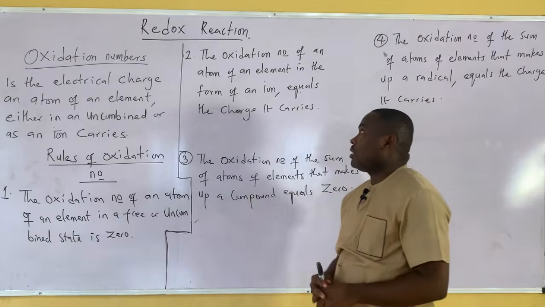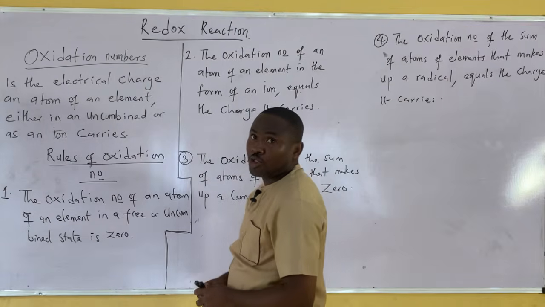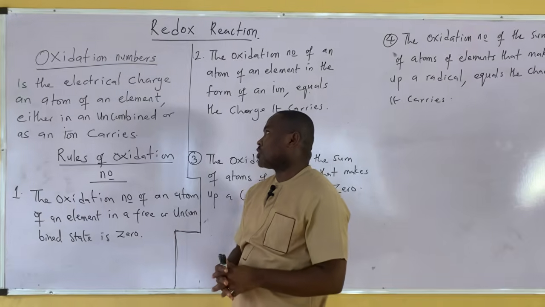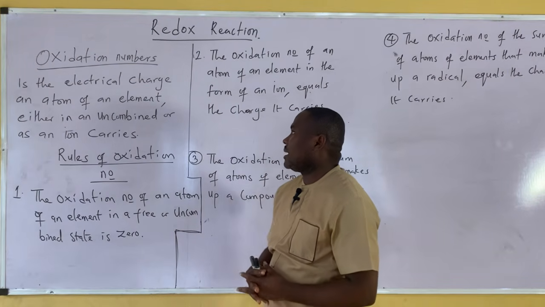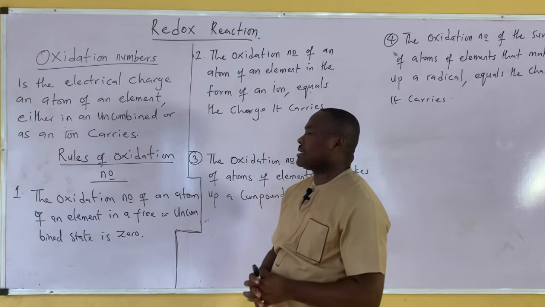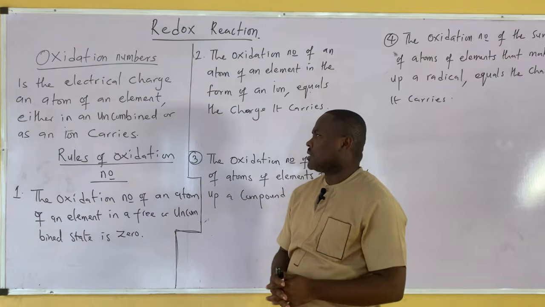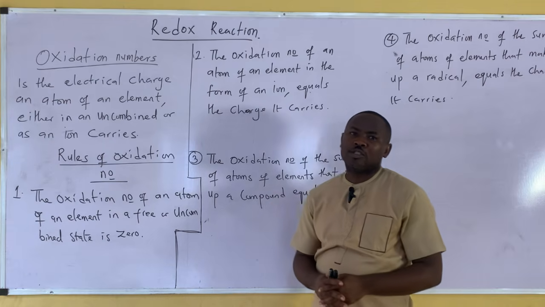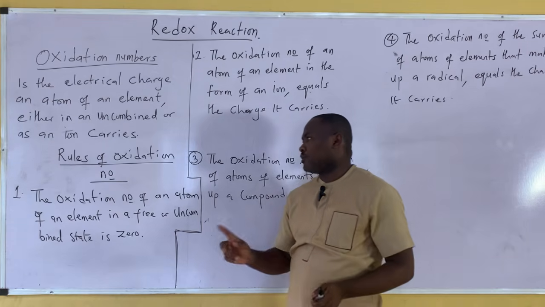Thank you. Now let's look at oxidation number. What is oxidation number? It is the electrical charge an atom of an element carries, either uncombined or as an ion. Now there are rules for calculating oxidation number. What's the first rule?